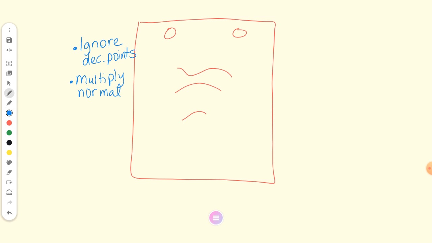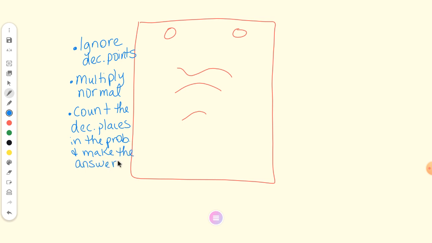Let's not say add. We just physically count. Count the decimal, I'm going to abbreviate, decimal places in the problem, and make the answer match.